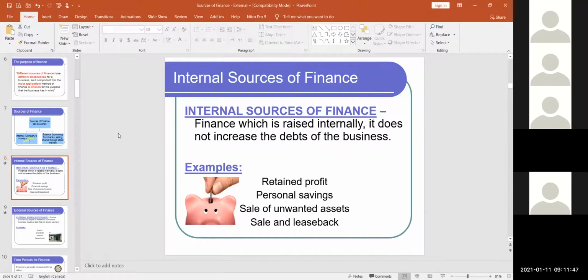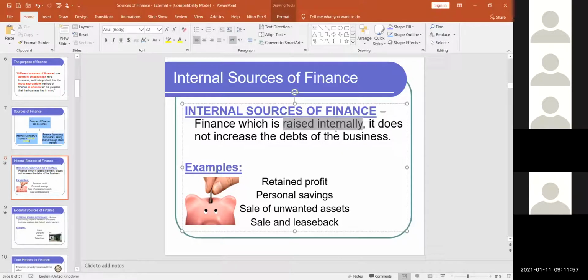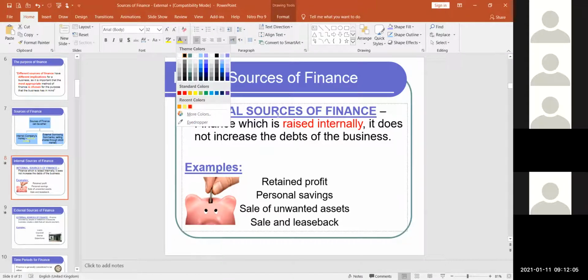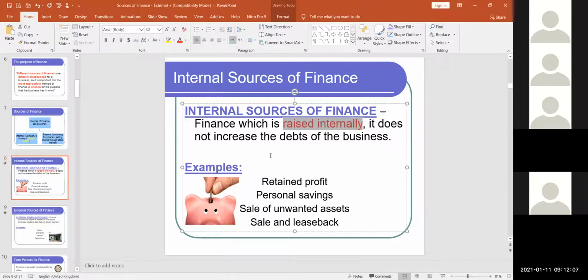So let's have a look at the internal sources of finance. This type of source of finance, it's raised internally. So this money belongs totally to the company, right? It is owned by the company. We're not using the money of other people, whether the bank or investors.